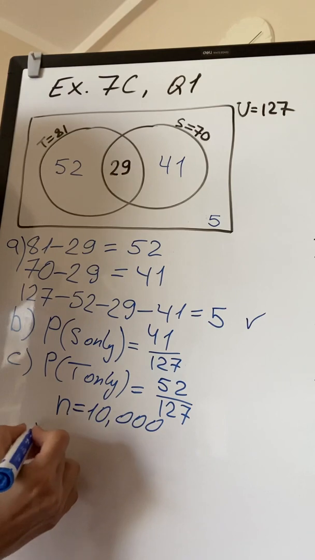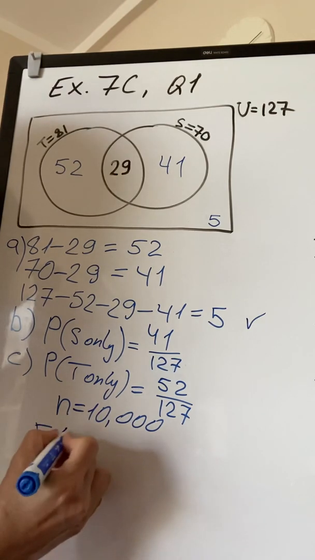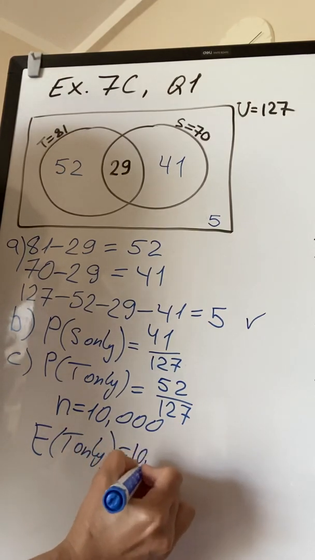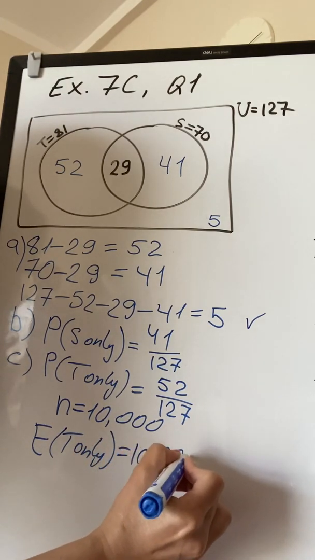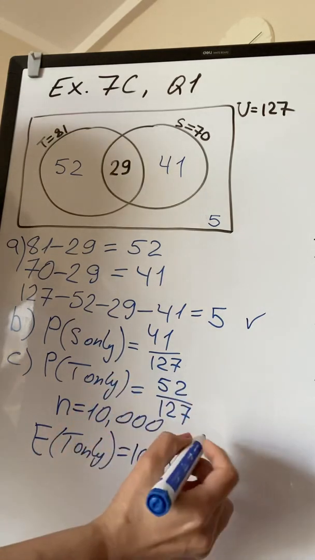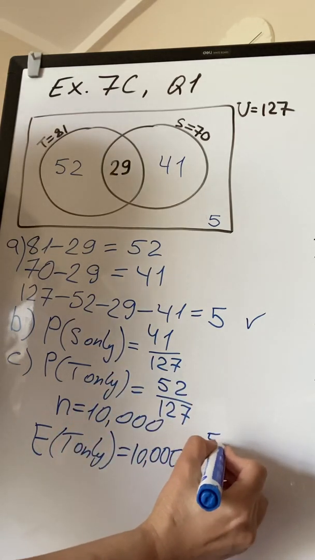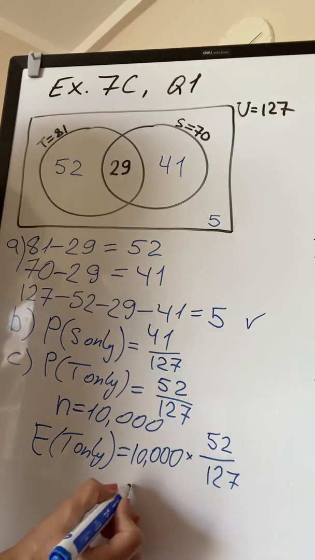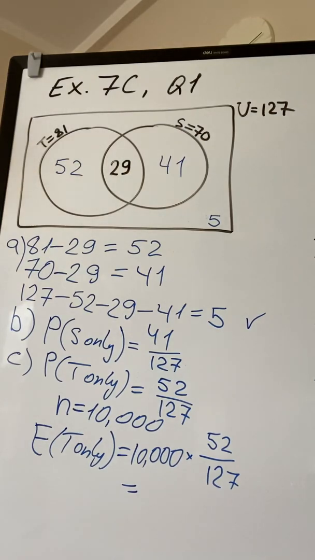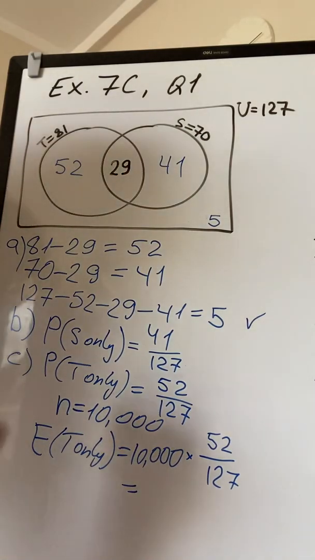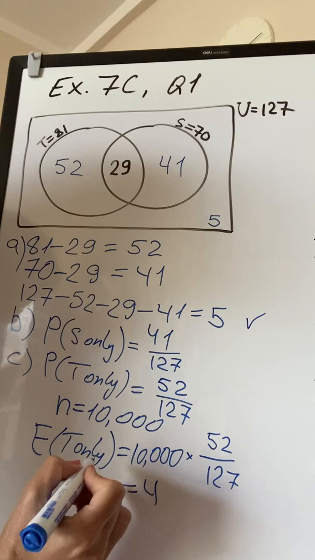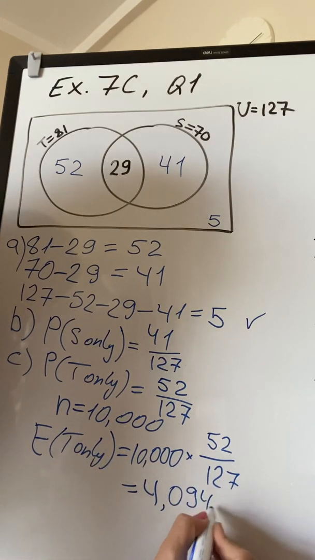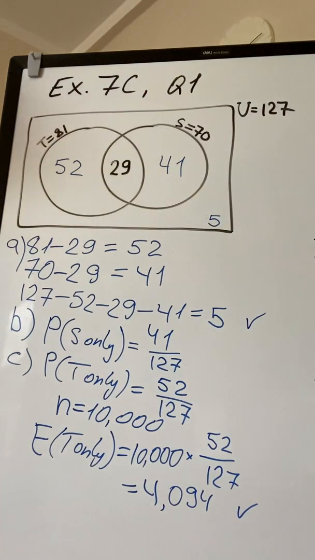So the expected number of T only should be 10,000, because it's n, times the probability for just one, 52 over 127, and that will equal, after our calculations, 4,094. And that's our answer to sub-question C.